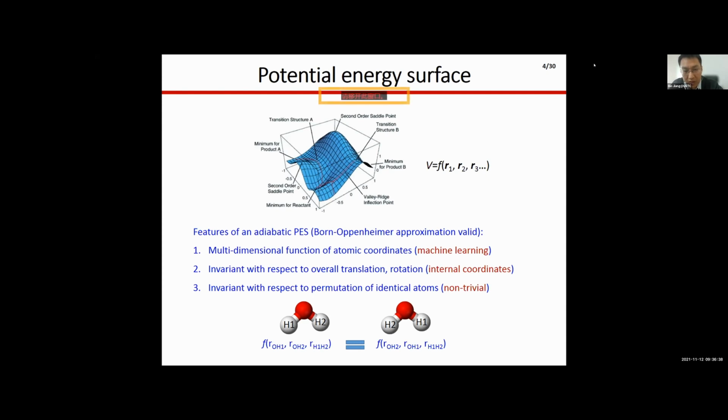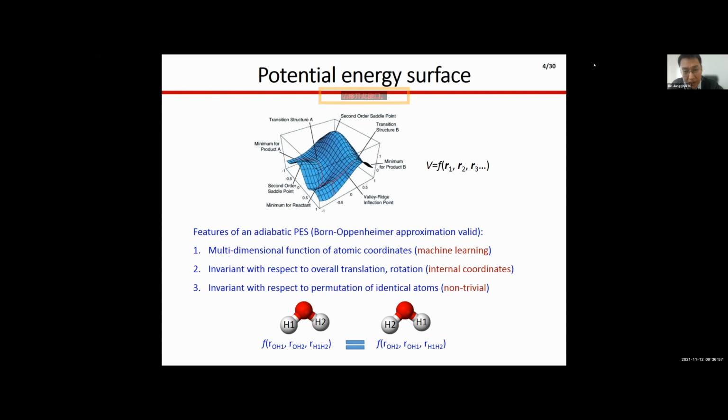And the thing is that we need to consider the translational and the rotational invariance of the potential energy surface, so we typically use internal coordinates. That's a straightforward way.